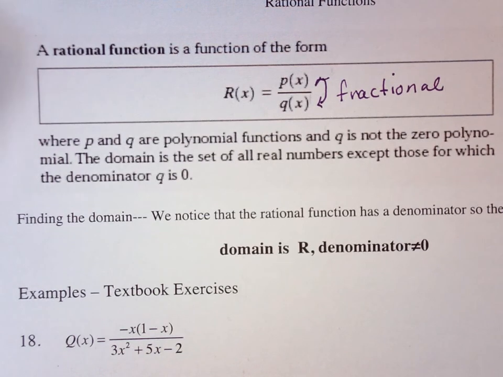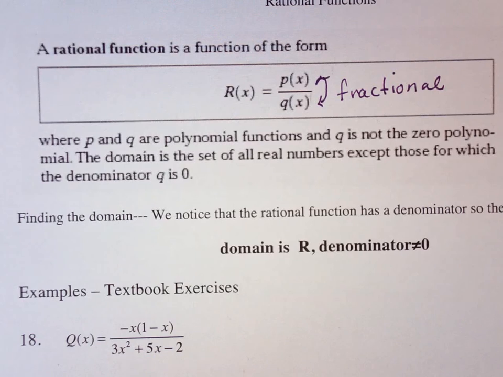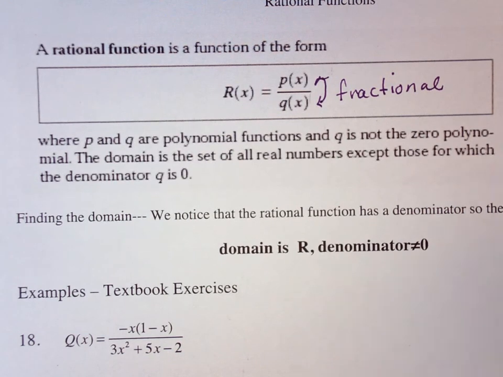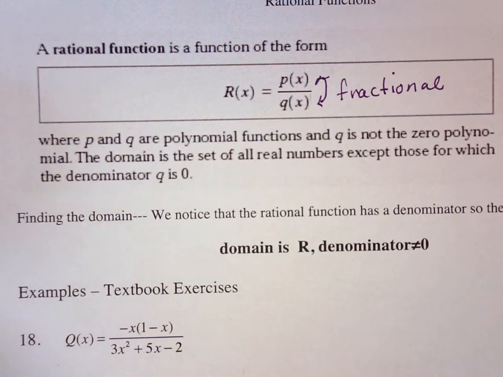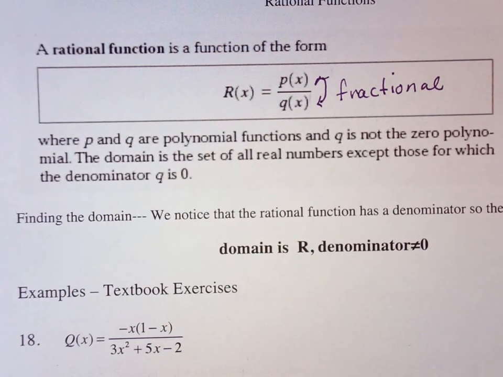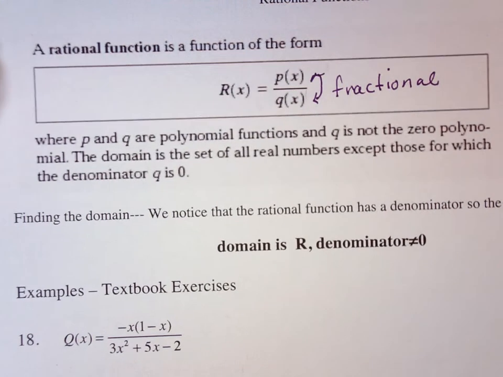But the ones we study are just polynomials divided by polynomials, which is why we had the little quiz this morning that dealt with the whole idea of a polynomial, the degree of a polynomial, the power function, because all of that's going to come into play because a rational function is a polynomial divided by a polynomial.